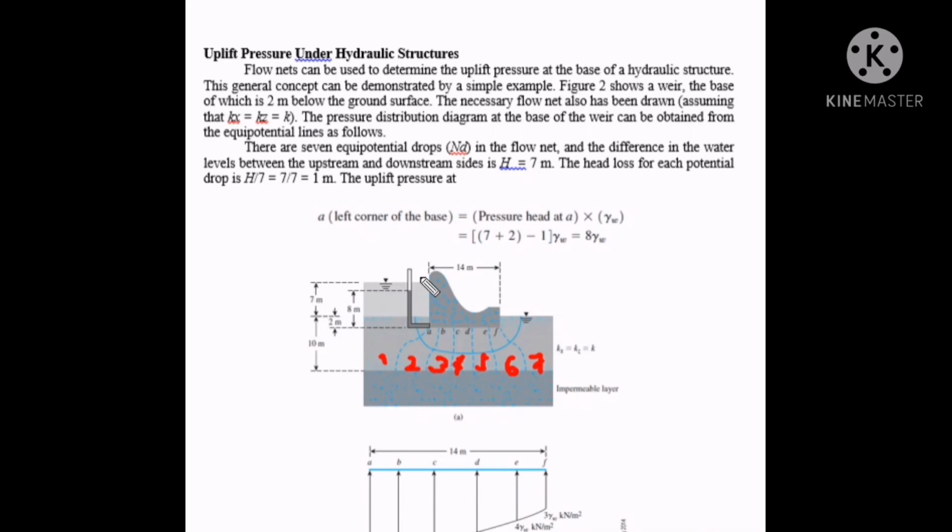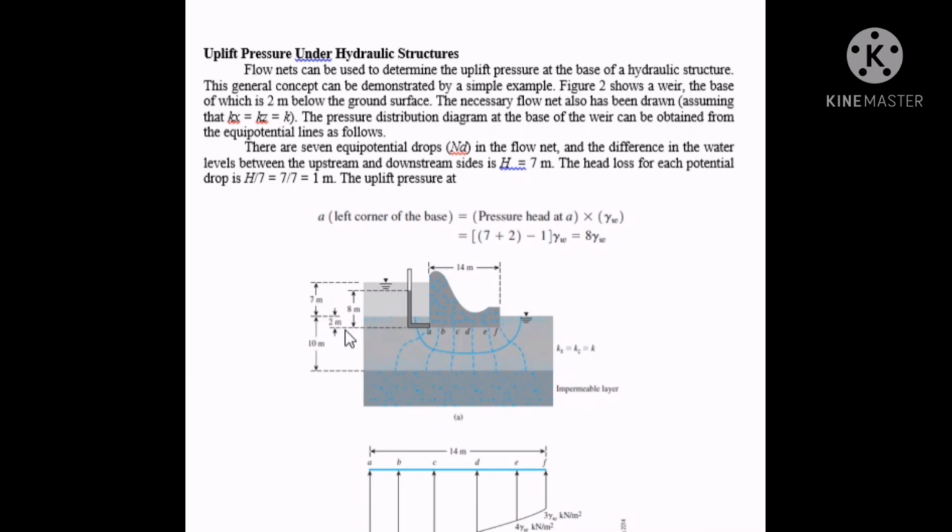So if we're going to determine the uplift pressure at A, at this equipotential drop, we have to determine the pressure head at A multiplied by the unit weight of water. So what is the pressure head at A? This is the water level. So magsimula tayo dun sa upstream level. So 7 plus 2, yung point A natin is located 2 meters below the ground surface.